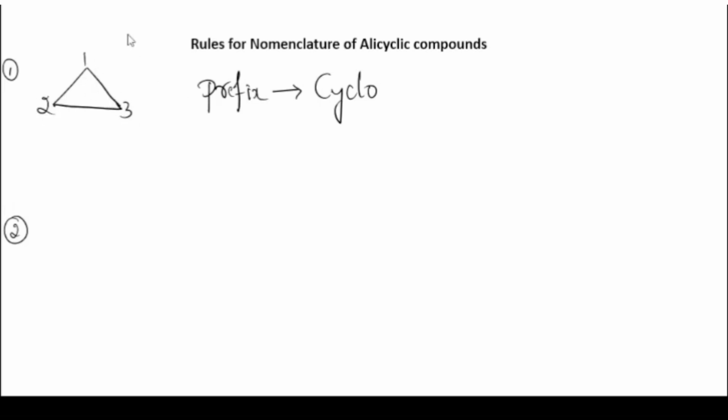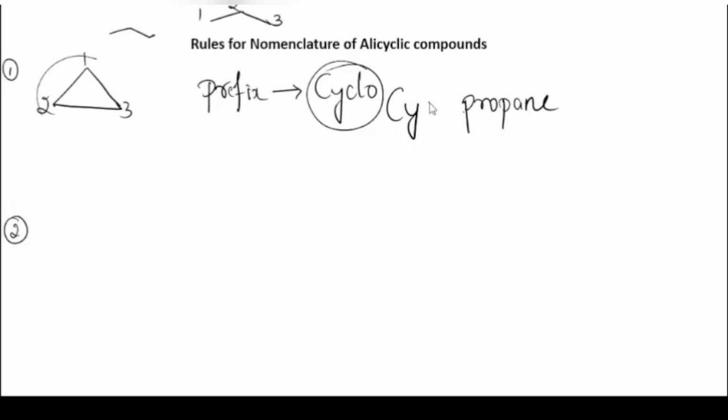If it were in a normal chain, 3 carbons would be there, and we would add propane for this, correct? We will write propane. Since here it is cyclic in structure, we have to add cyclo as the prefix. That's why we get cyclopropane as the IUPAC nomenclature.